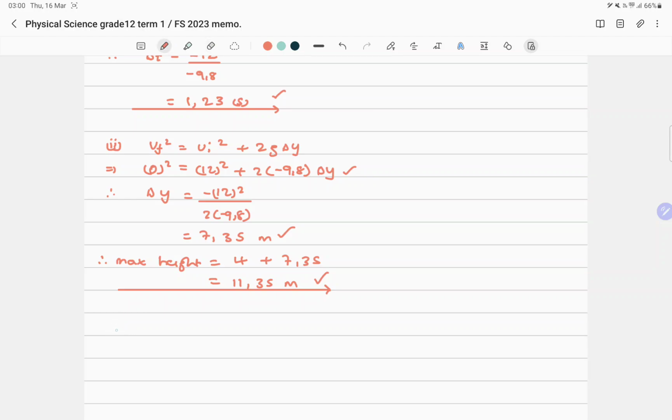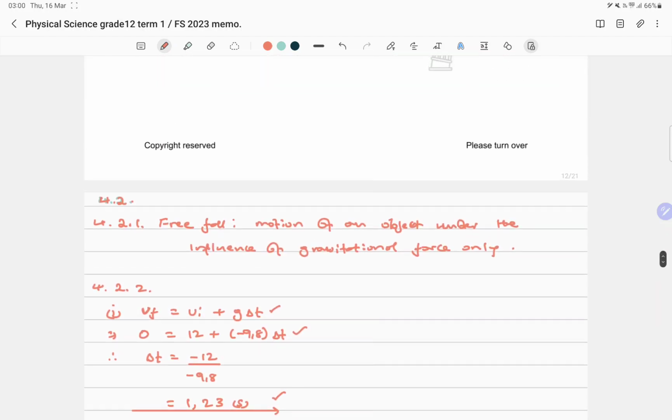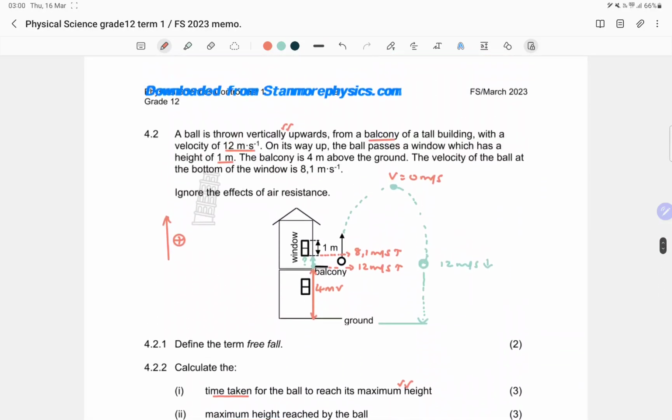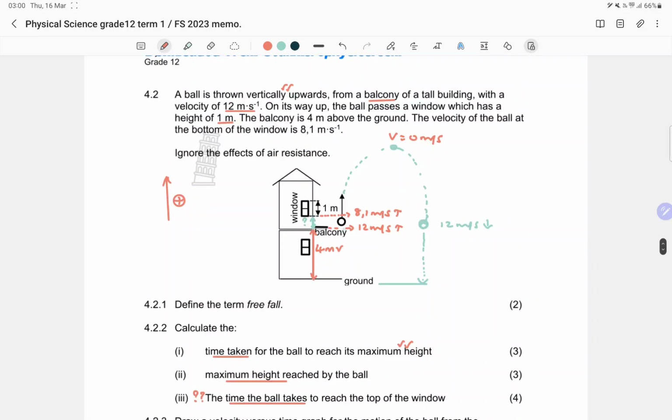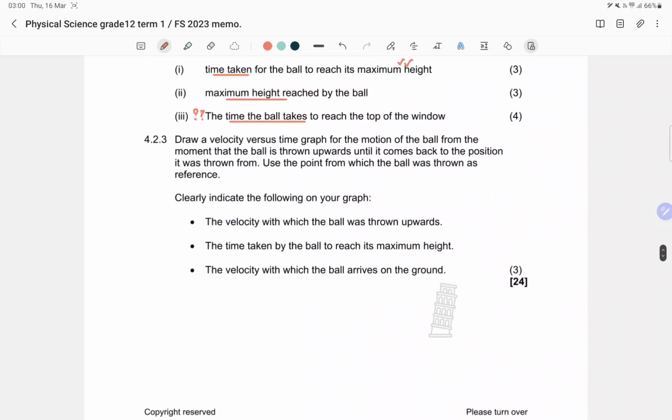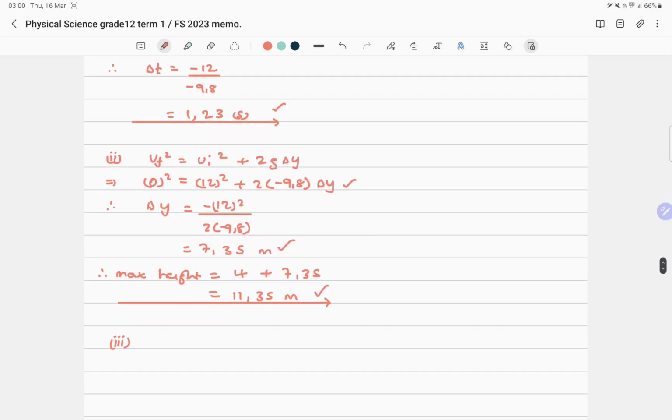Why am I choking on this thing now? Anyway, so what do we need here, guys? We need to find the time it took this ball from where we released it to where it got to that velocity of 8.1 meters per second, right? So we can use this one.